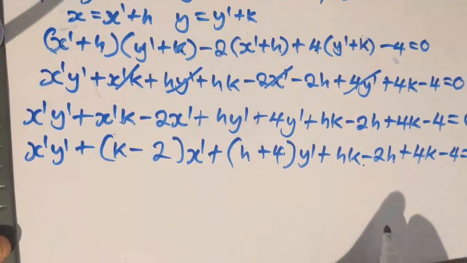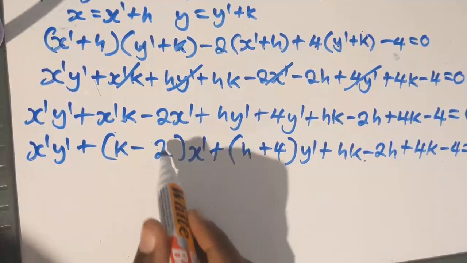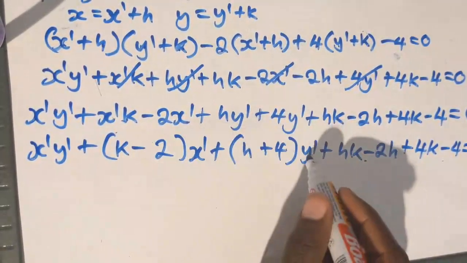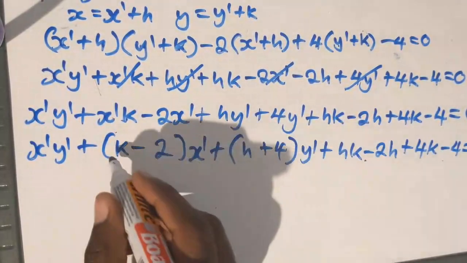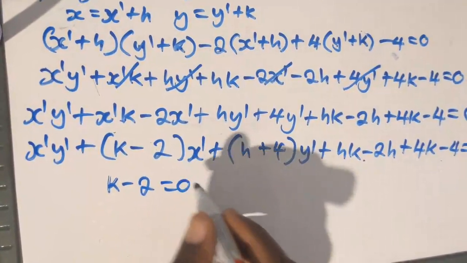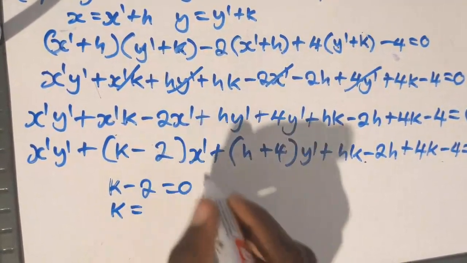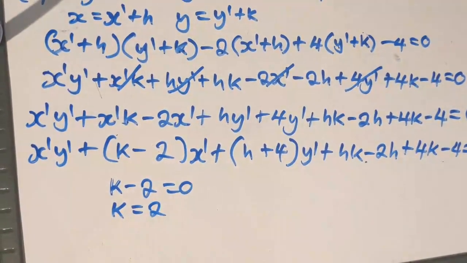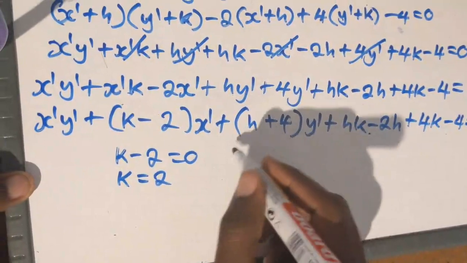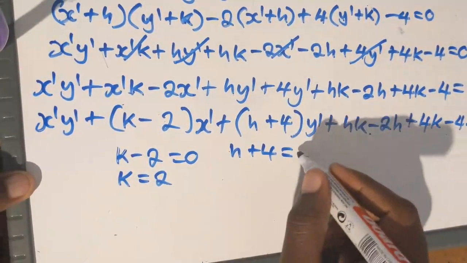Okay, so then from here you equate these which have x prime to 0 and these which have y prime to 0. So we're going to say k minus 2 equal to 0. So you say k is equal to, when this negative 2 comes this side, to be positive 2, right? To be positive 2. Then this one, we have h plus 4 equal to 0.